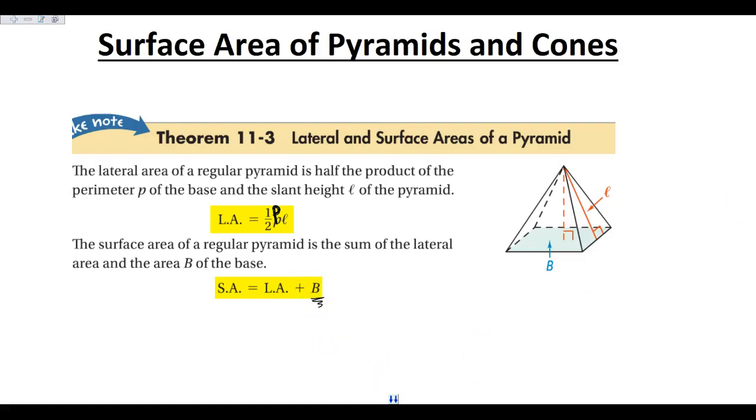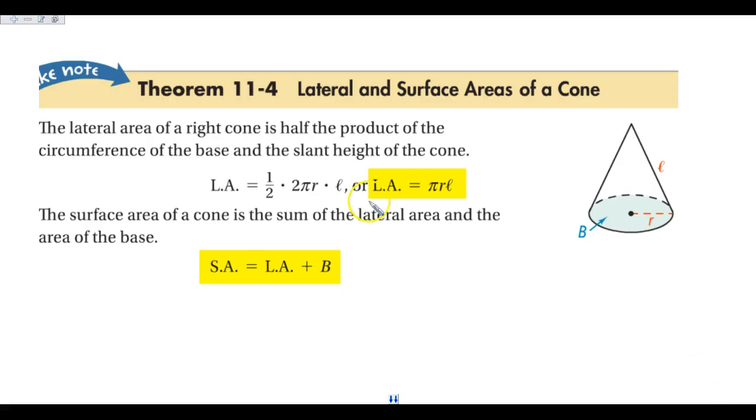All right. Let's take a look at surface area and lateral area for a cone. Again, it's going to be 1/2 perimeter of the base times the slant height. But remember, perimeter is circumference in a circle. Okay, so our circumference formula is 2 pi r.